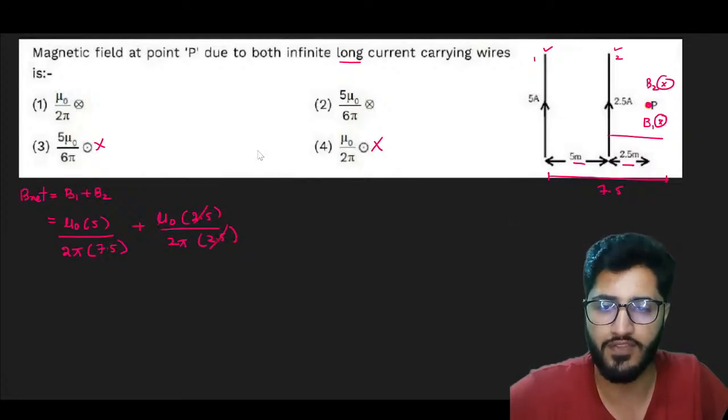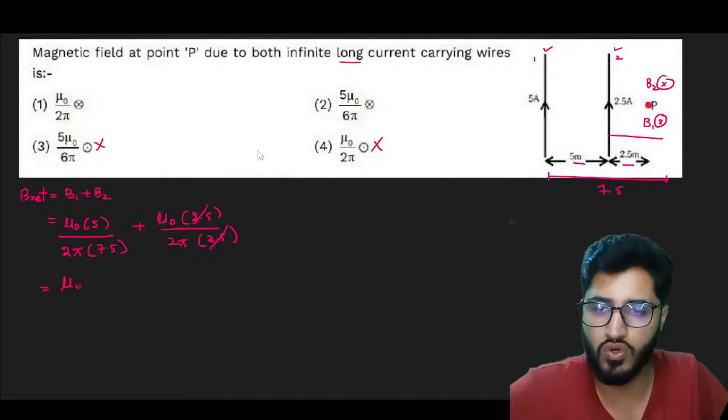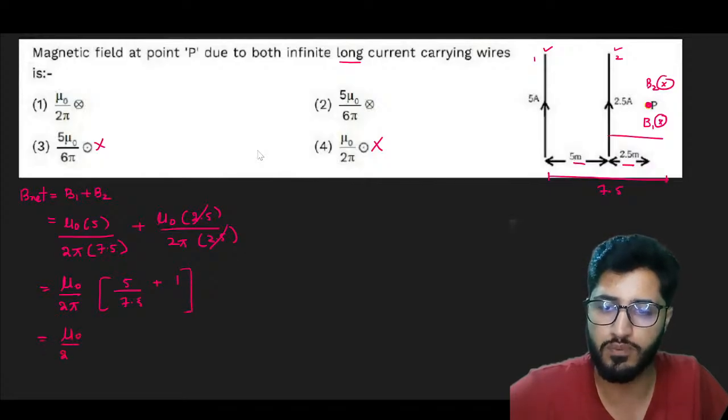The 2.5 and 2.5 cancel out. So I will take mu naught divided by 2 pi common. What we have is 5 divided by 7.5 plus 1, so mu naught divided by 2 pi times (5 plus 7.5) divided by 7.5.